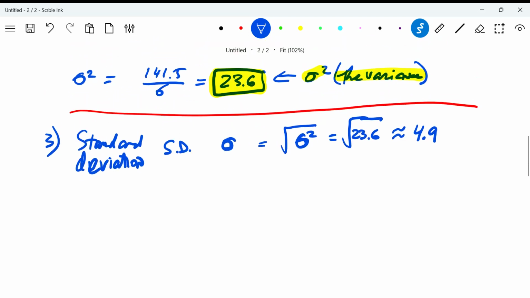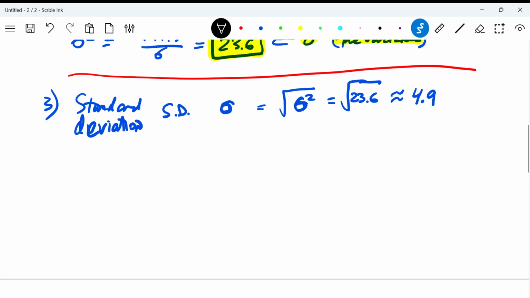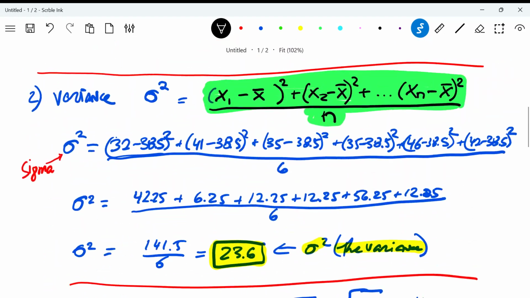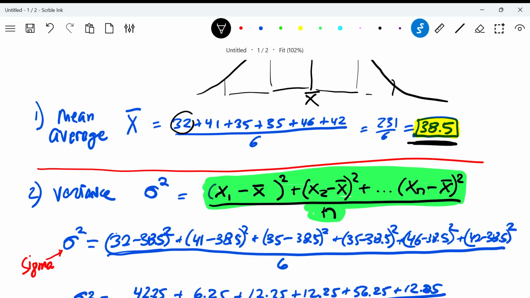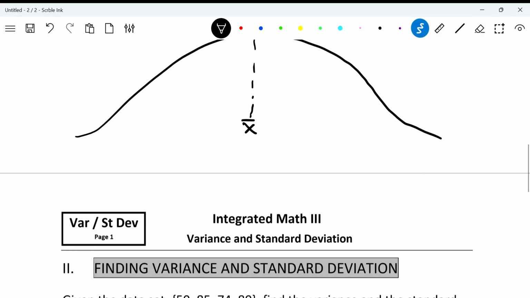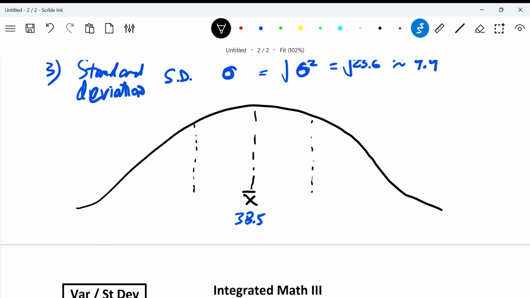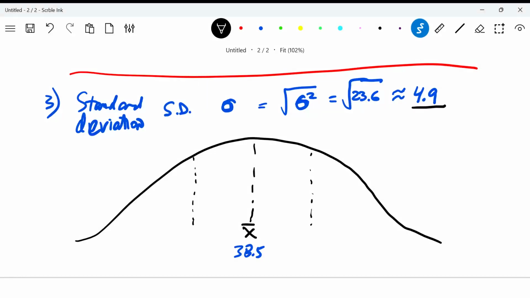So what does this mean? Now I'm going to make a nicer bell curve here. Right in the center is the mean, which we know is 38.5. If we go one standard deviation less than that and one standard deviation greater than that, this amount is what you use.